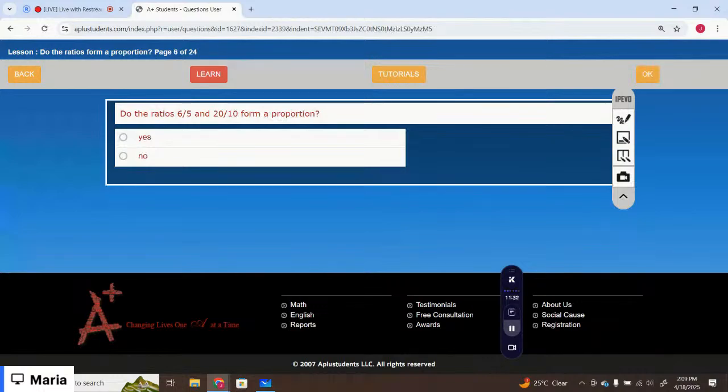Do the ratios 6 by 10 and 10 by 20 form a proportion? No, they do not form a proportion. Option number 2 is the correct option.